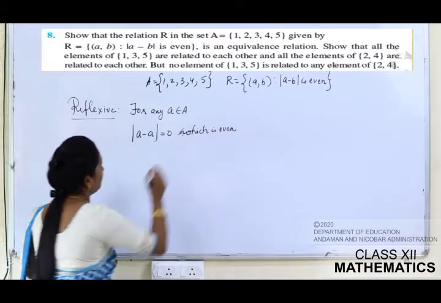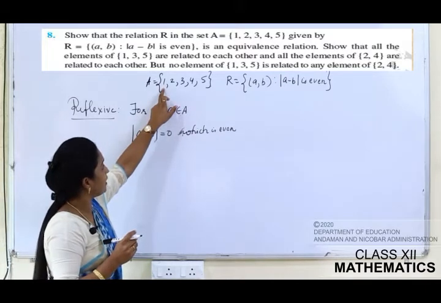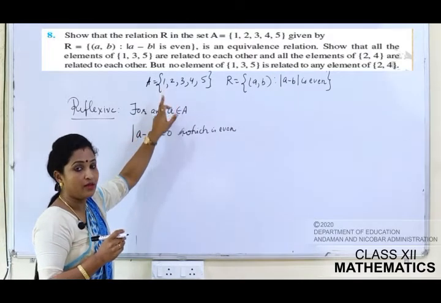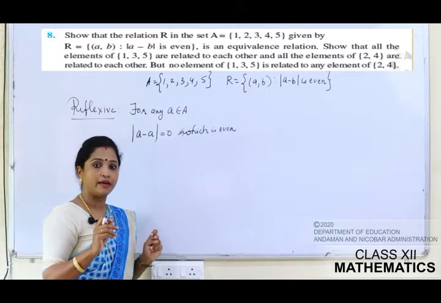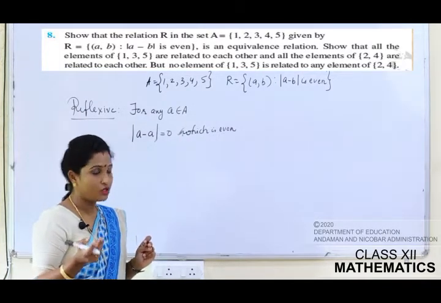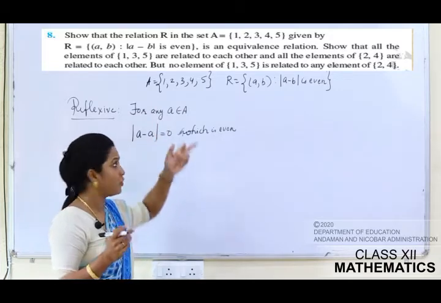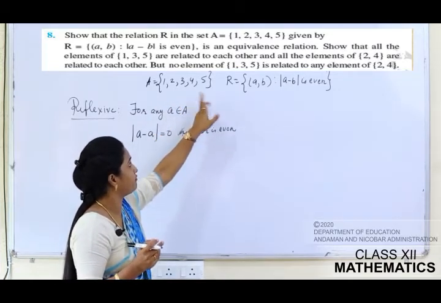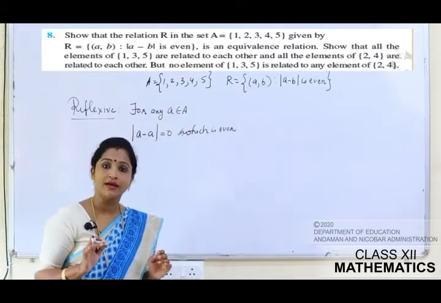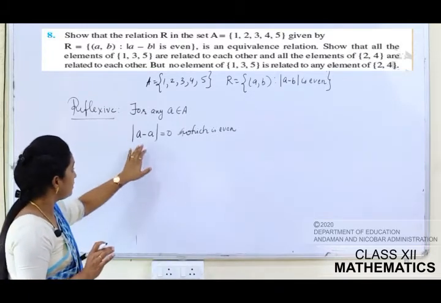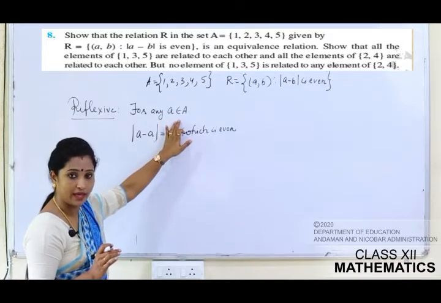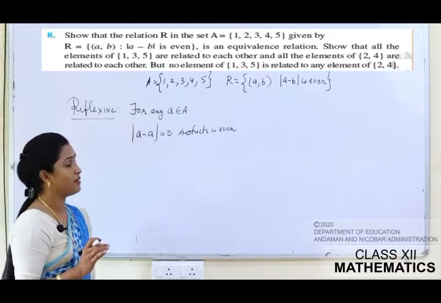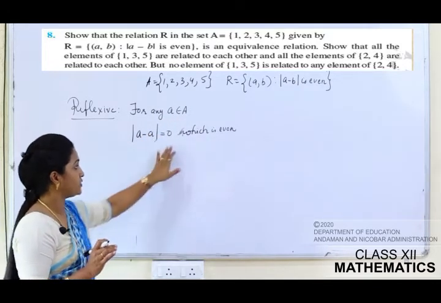Here, if you take 1, 1, the absolute value of 1 minus 1 will be 0. 2 minus 2 is 0, 3 minus 3 is 0, 4 minus 4 is 0 and 5 minus 5 is 0, and 0 is an even number. So in general, for any a belongs to A, the modulus of a minus a is equal to 0, which is even.